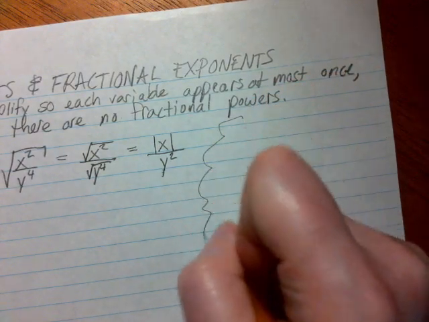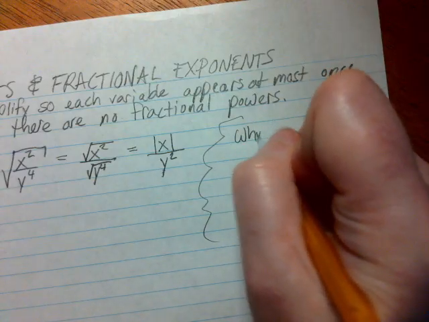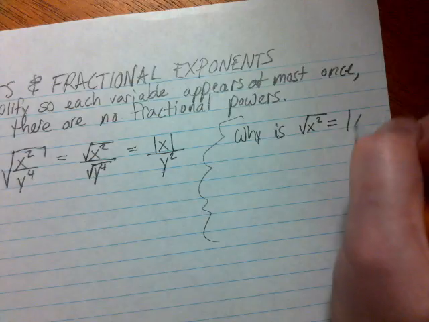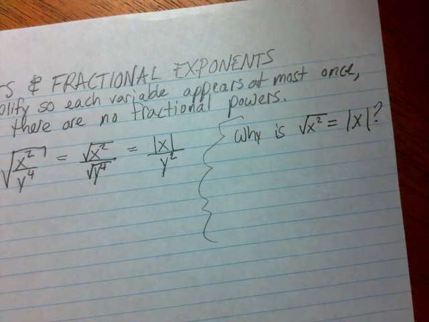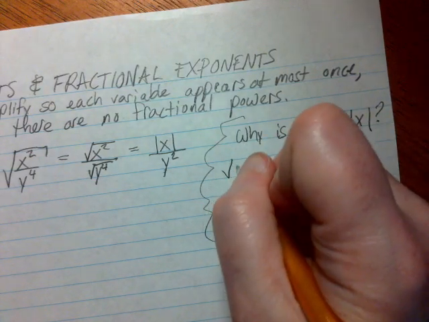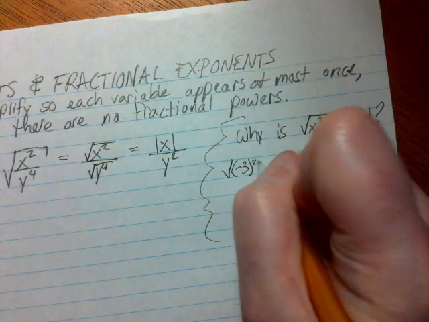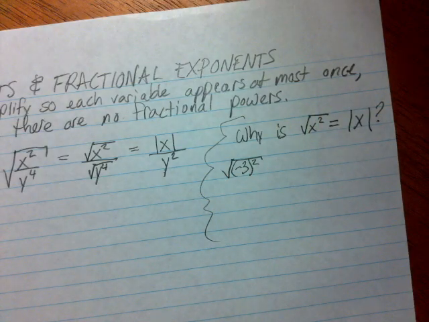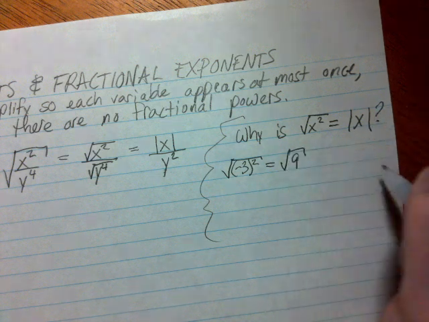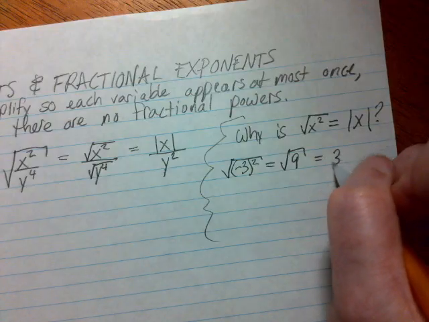Now, sidebar: why is the square root of x squared the absolute value of x, and not just x? The reason is that when you plug in something like -3, the first thing that happens is it gets squared. So then you're taking the square root of +9, and that's 3.